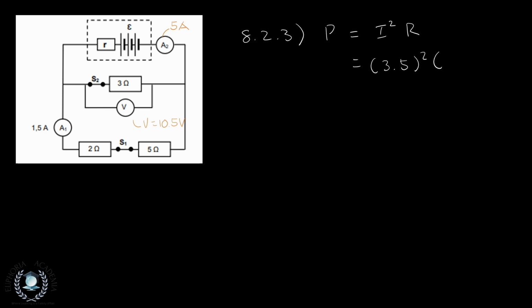So 3.5 squared, and then the resistance is 3, and we're going to find that the power dissipated is 36.75 watts.